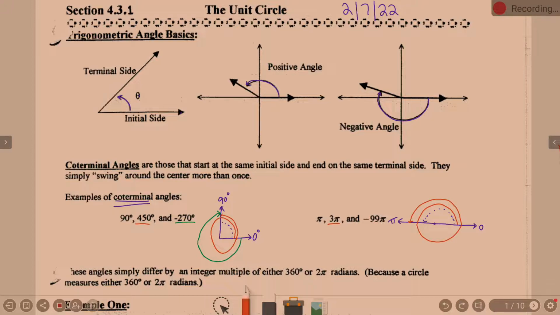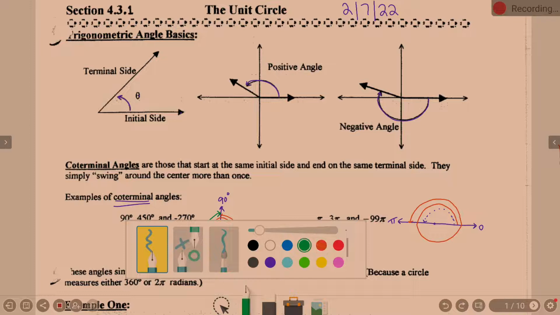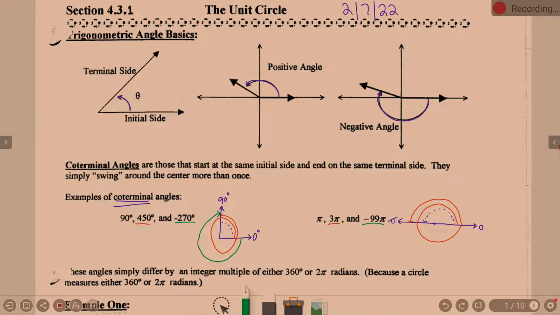Okay. What about this negative 99 pi? Are we really going to go around that many times? I mean, we could, but here's what you've got to think. First of all, negative takes me which way? Takes me clockwise, takes me down instead. So if I start here, where am I at right there? I went negative, so I went halfway around, so right there is negative 1 pi, yes? Well, what if you keep going?